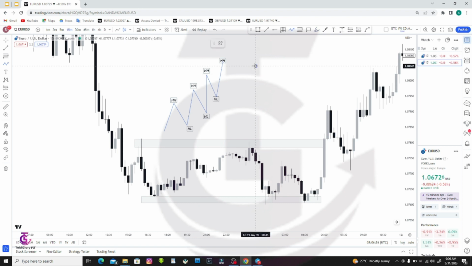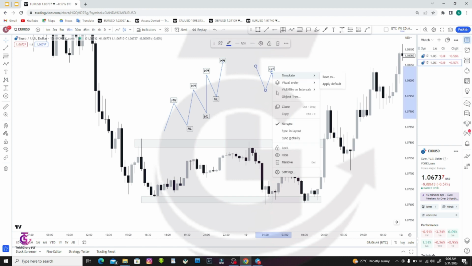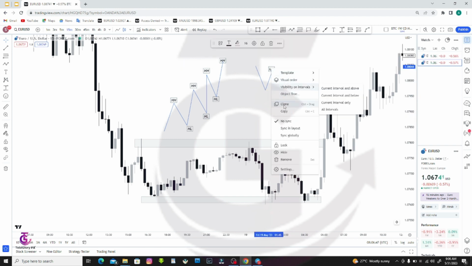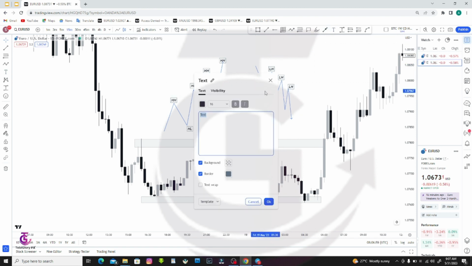Now in a downtrend, we have this. We have lower high and lower low.